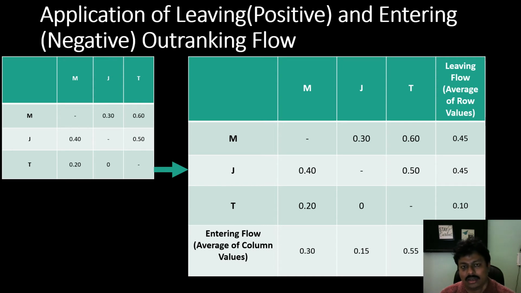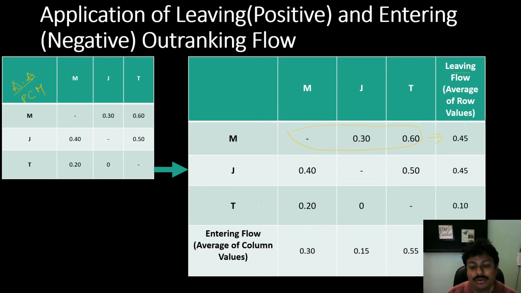Now is the very important step in this method, leaving and entering outranking flow. The name may be very complex, but it is not very complex. What happens is when you average the rows of the alternative pairwise comparison matrix that we have developed in the earlier step, you get the leaving flow.